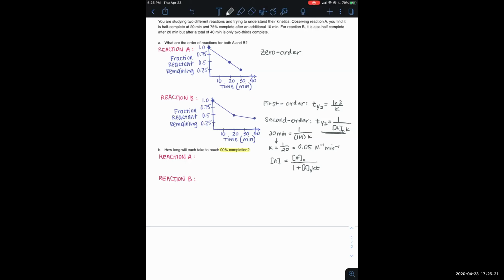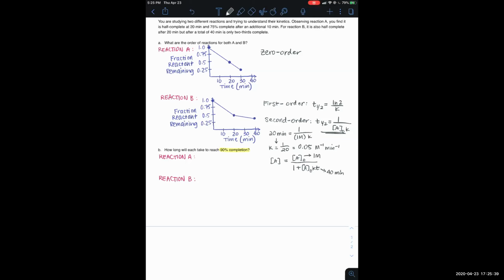Then we can see what concentration we would expect at the 40-minute time point. So for T, we can plug in 40 minutes. Here we can just use our initial concentration, which we've determined to be 1 molar.